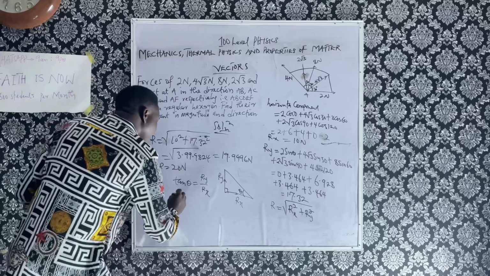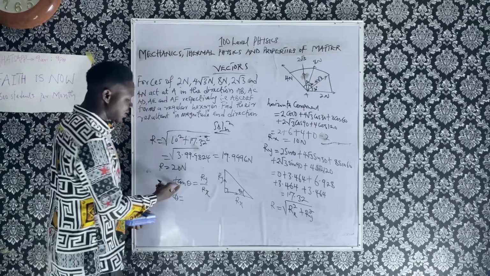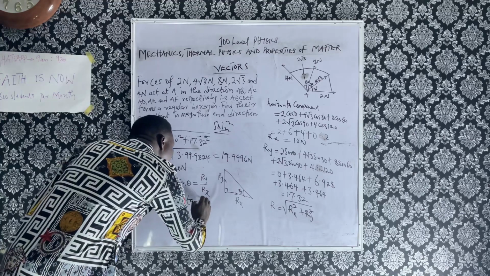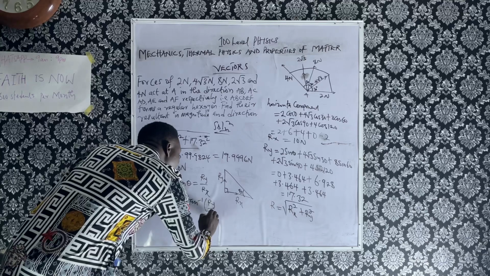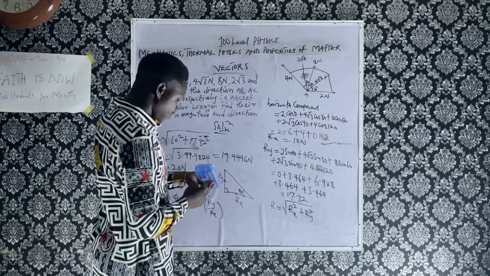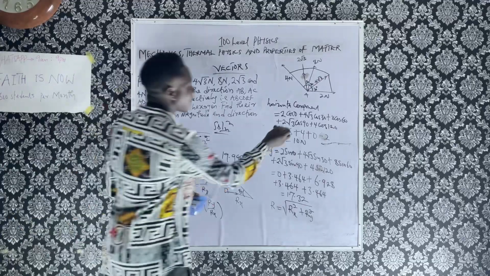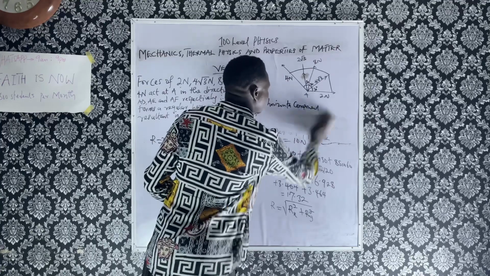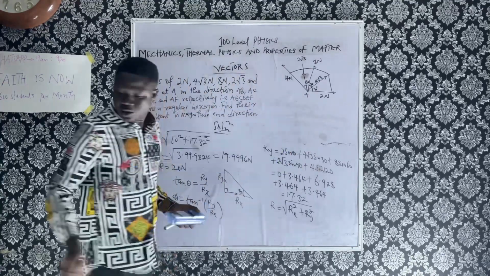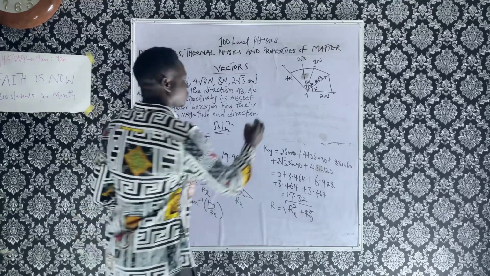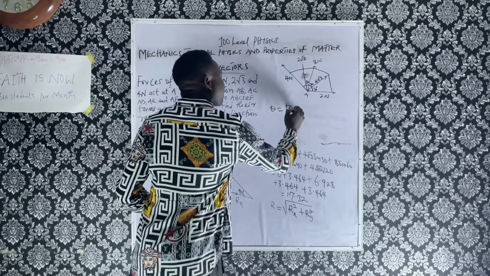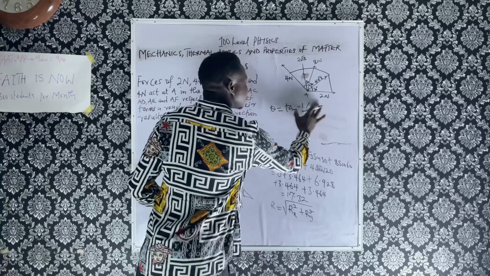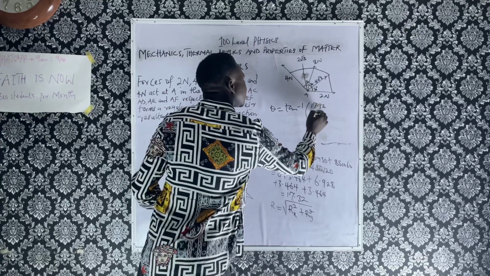Okay, so from this place, all you need to do is take tan to the other side, becomes the inverse of tan. So that will be tan inverse of Ry over Rx. So this should give me tan inverse of 17.32 divided by 10.